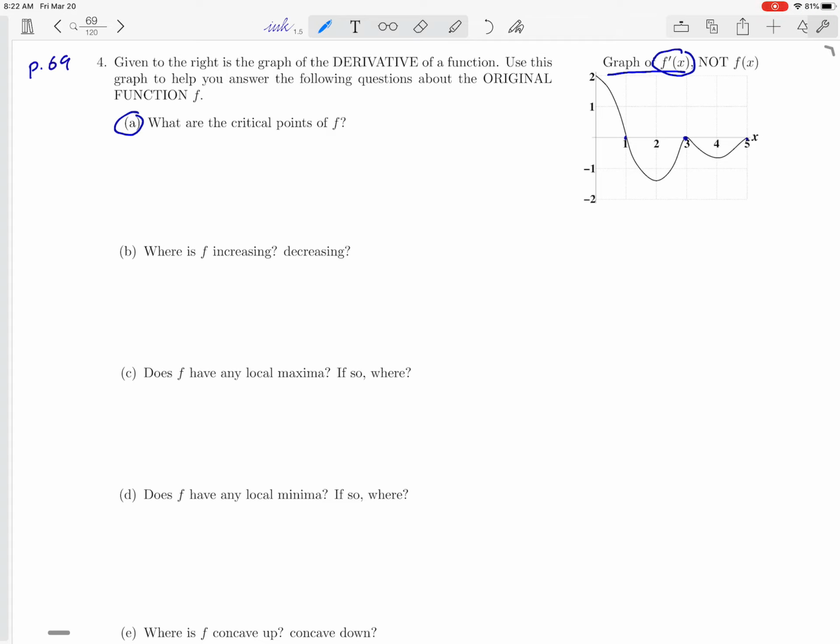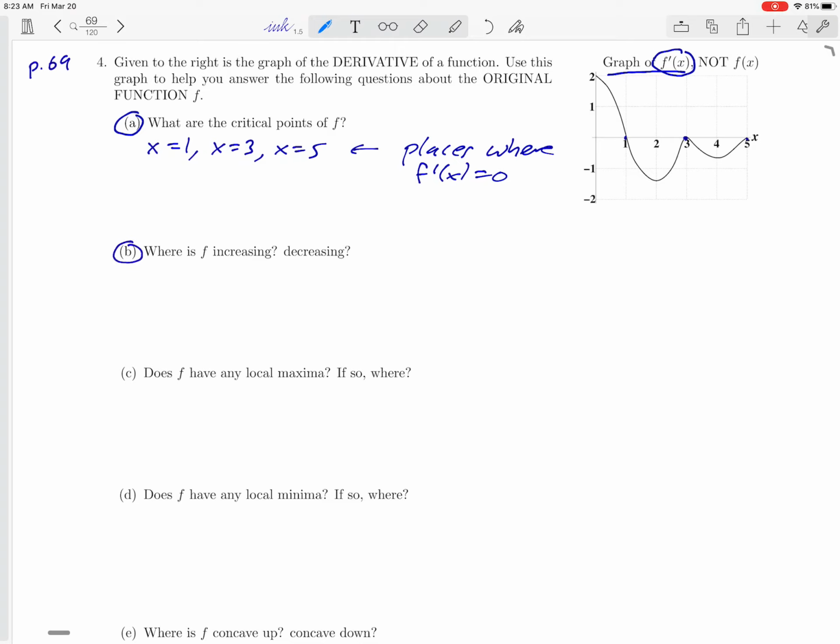And I can see 3 points where that's true: 1, 3, and 5, just those places where we touch or cross the x-axis. So those 3 numbers must be the critical points of our original function f. And just to remind you, those are places where the derivative is equal to 0, just where our graph crosses through the x-axis.